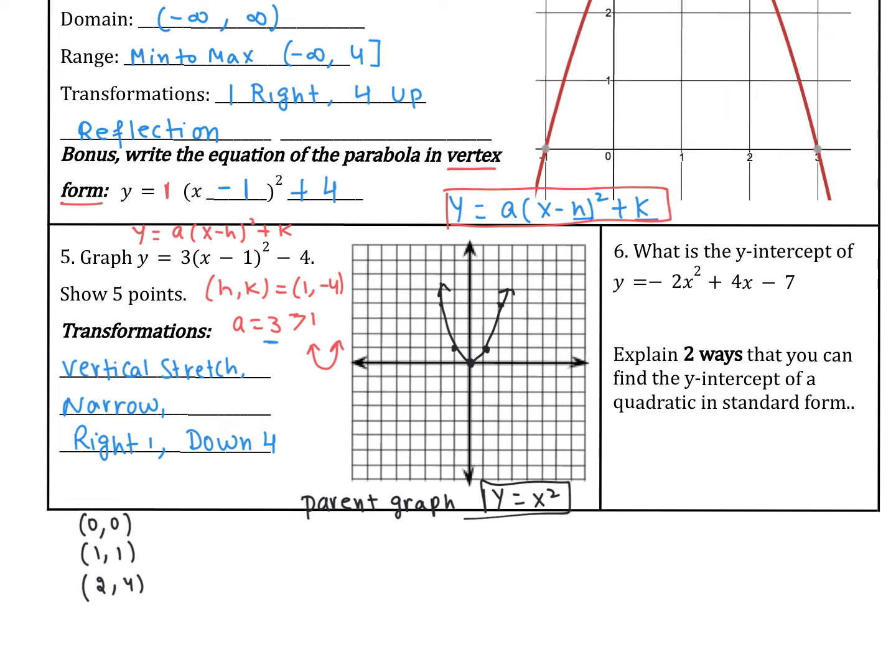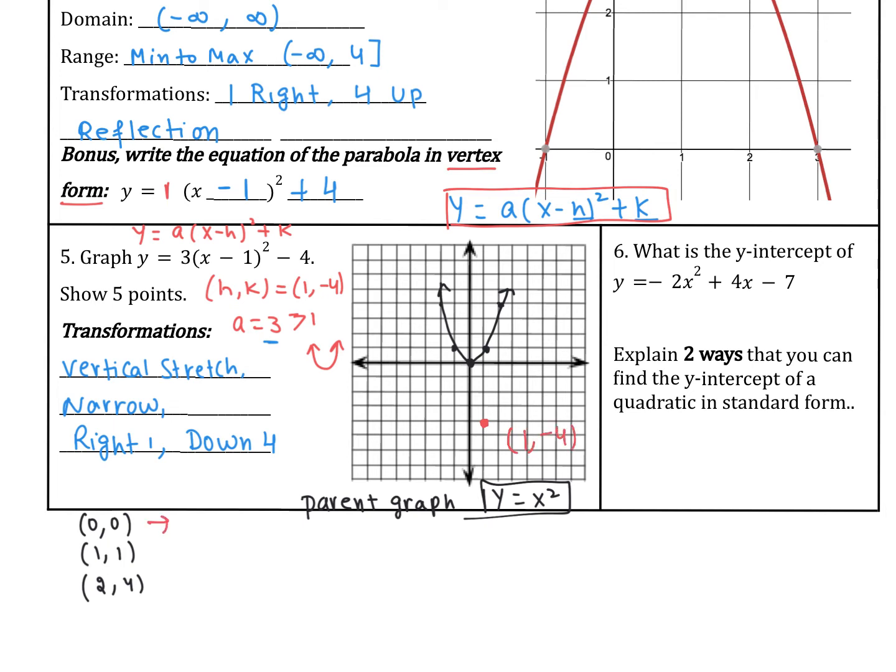To make this graph, that is 3 times (x minus 1) squared minus 4, you're going to shift this graph 1 unit right and 4 units down. You're going to have this as your h and k, which is 1 comma negative 4.